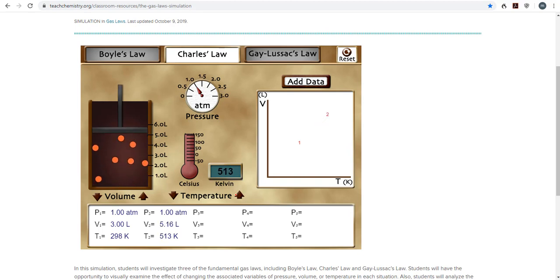The volume changes actually because of the pressure of the particles. But as the volume expands, the pressure equilibrates back to what it originally was. So the pressure doesn't change. But bottom line is, pressure doesn't change for Charles' law. And then you'll notice if I start adding in data, the graph has a straight line because it's a direct relationship.